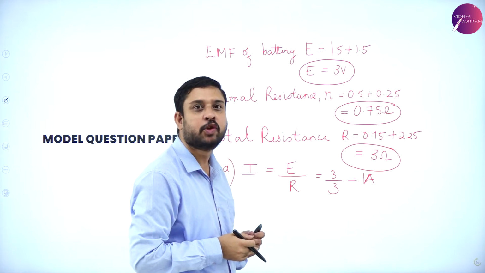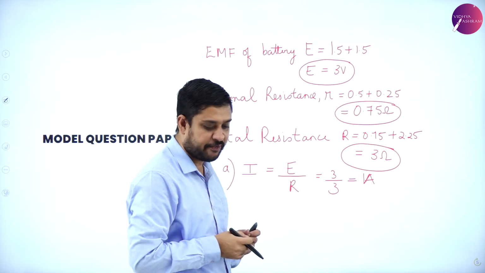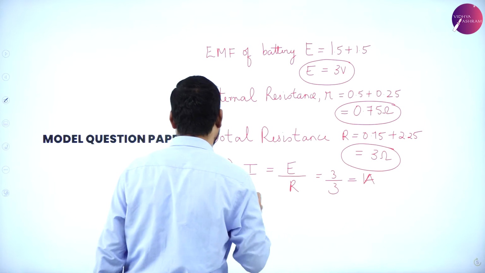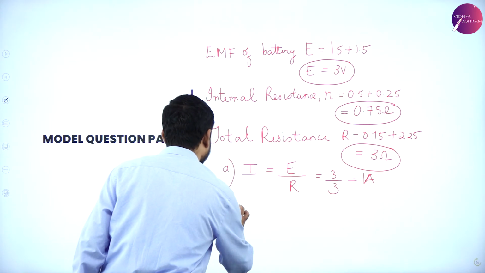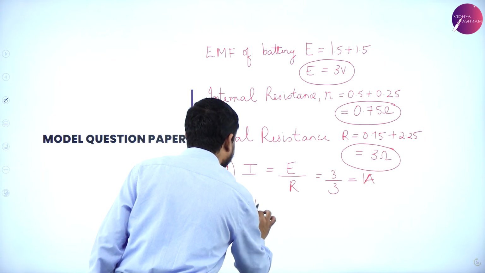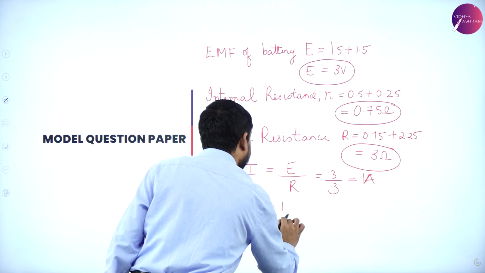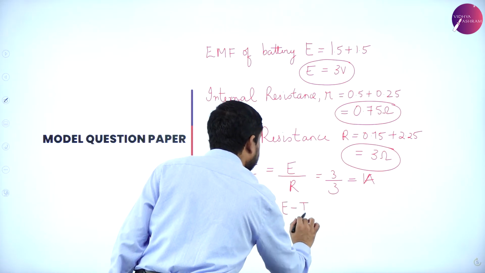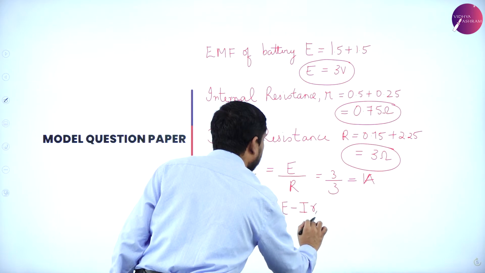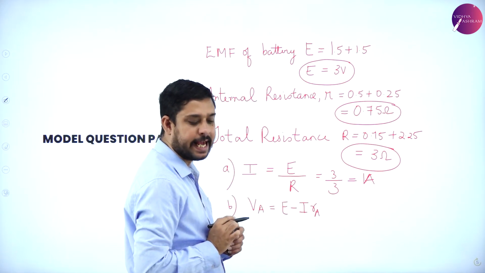Next, I have to calculate the potential difference across the cells. So we have VA is E minus I RA.